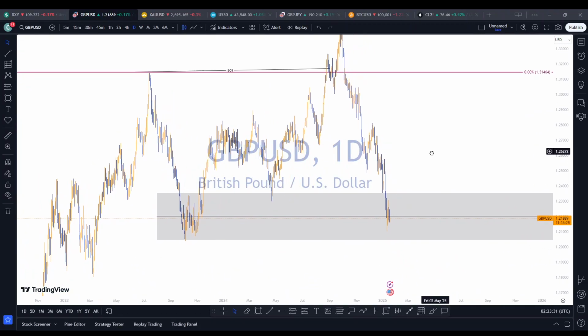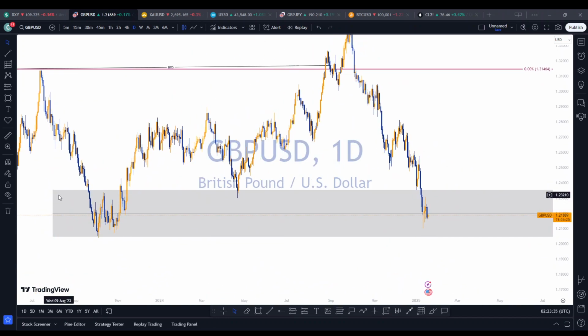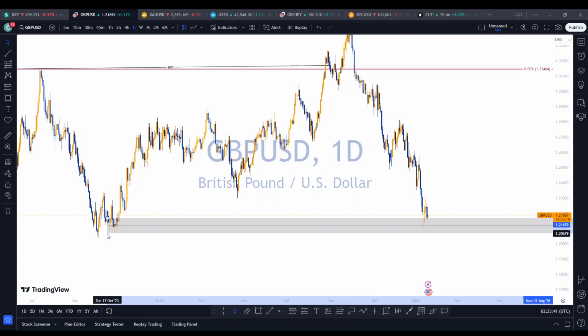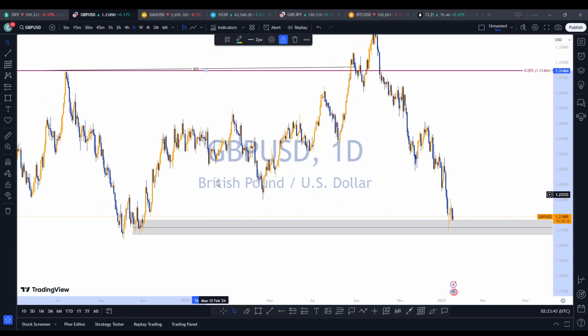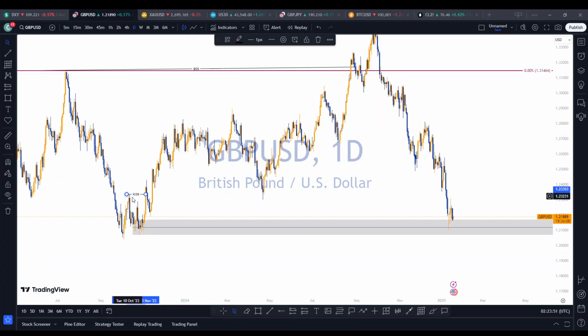So now we're going to refine it. Let's refine the other block right here. This would be it. This is where we have the internal change of structure. The internal change of structure was there, and that's what the market is currently reacting at.